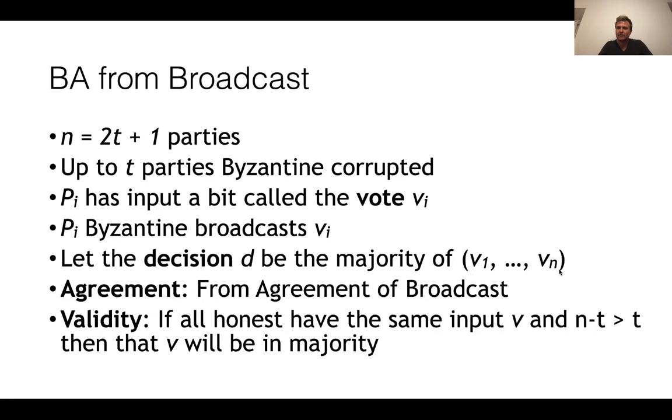Take that one. Now, if less than half of the parties are corrupted, and there is a bit that has more than half the parties' votes, at least one honest party voted for that value, so we have validity. And we have agreement because everyone takes the majority over the same values. So that was simple.